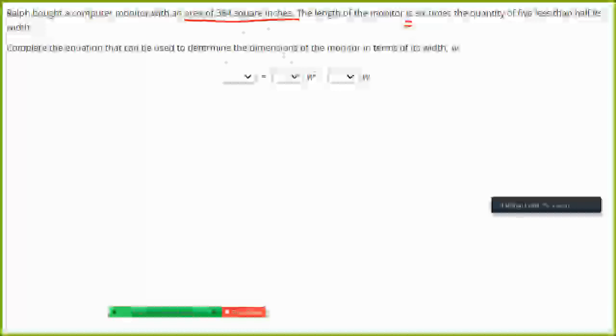Let's try to set it up on our own and then see if we could fill in those blanks, so to speak. So first sentence, Ralph bought a computer monitor with an area of 384 square inches. Before I even look at the next sentence, I'm going to see if I can make sense of the first sentence. A computer monitor, I'm sure you all know, is kind of like a phone screen.